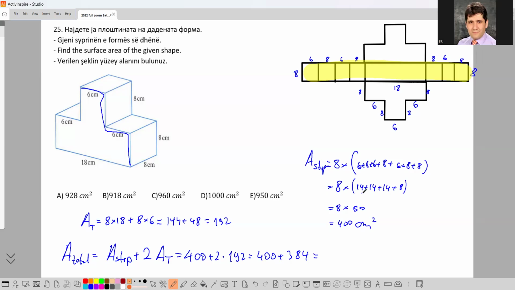Let's see whether I made a mistake somewhere here. 10, 20, it looks okay. Did I forget any of the numbers? 6, 8, 6, 8, 6, 8, and 8. If we unwrap it, 6 plus 8 plus 6 plus 8 plus 6 plus 8 plus another 8.